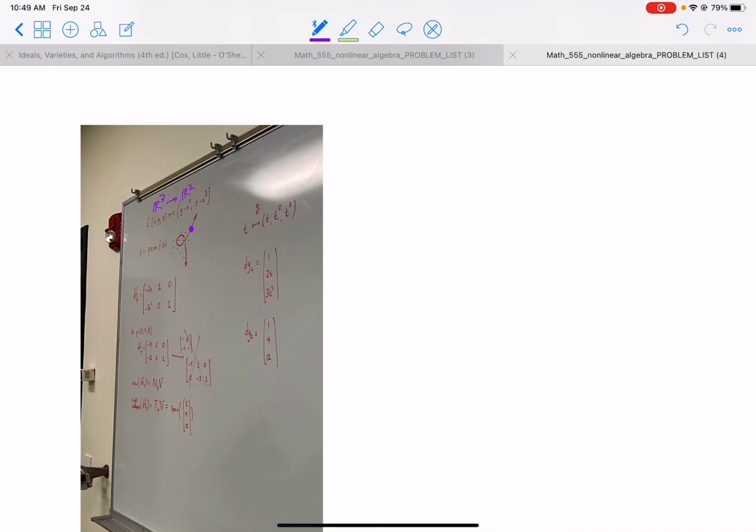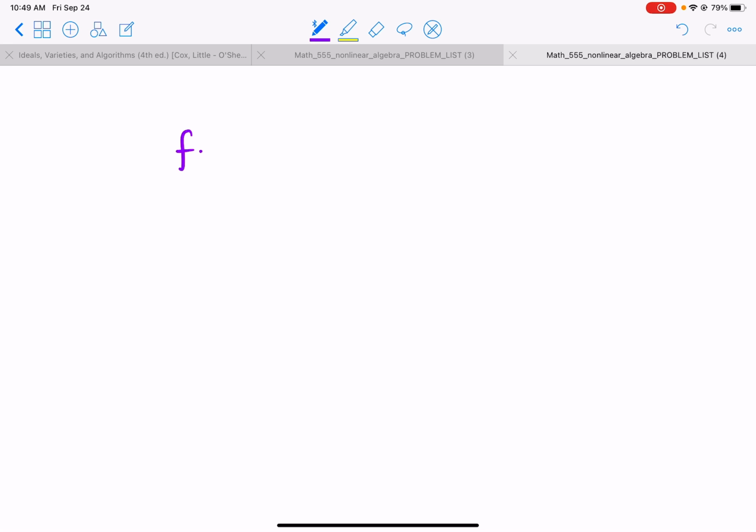So when defining a map from R3 to R2, we have to first decide on names of R3. So just what are the names for the coordinates on R3? For example, we could do x1, x2, x3. Or we could say x, y, z.